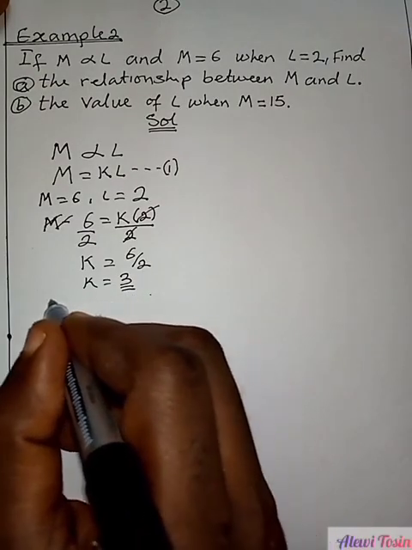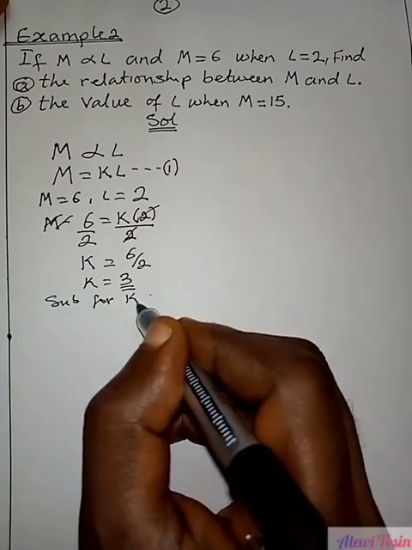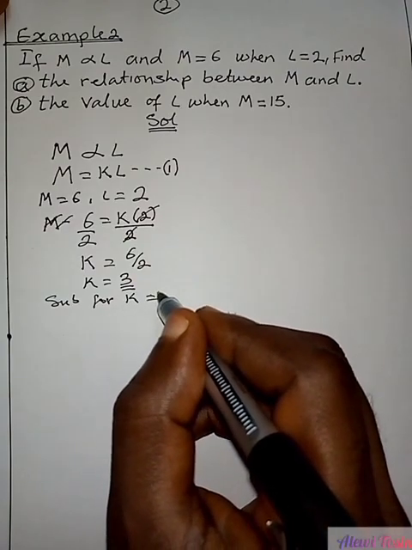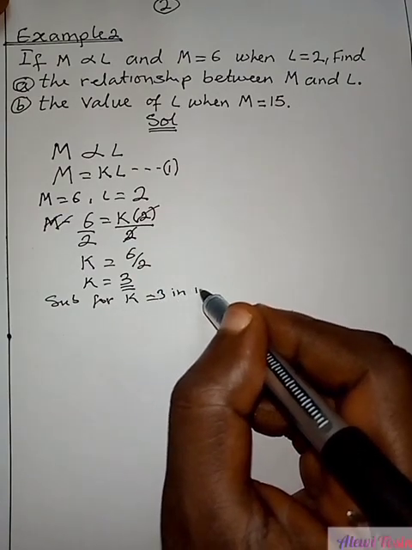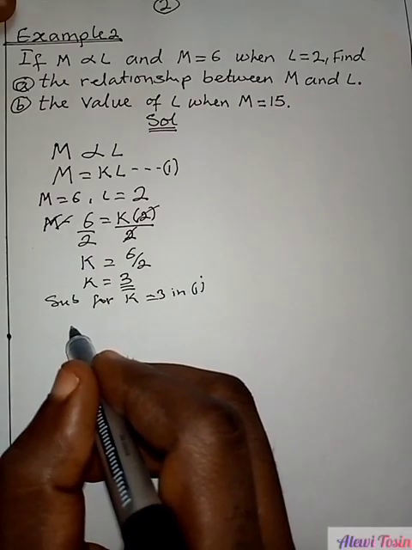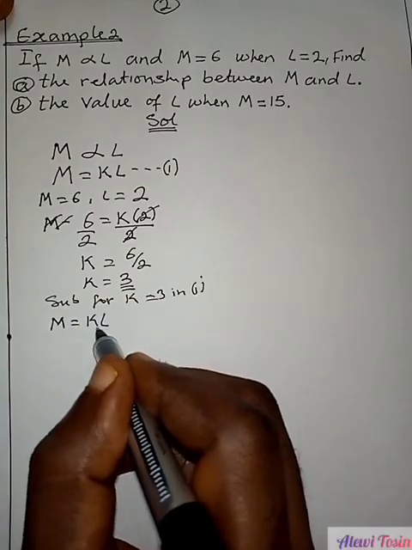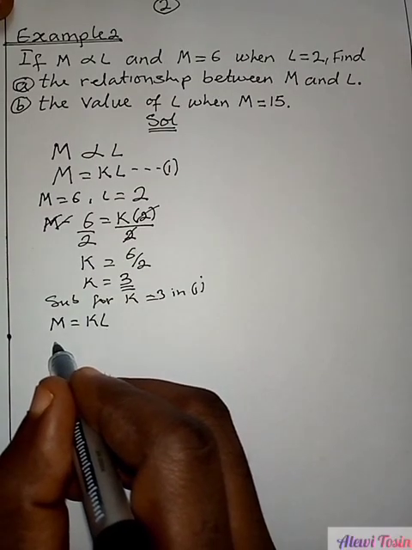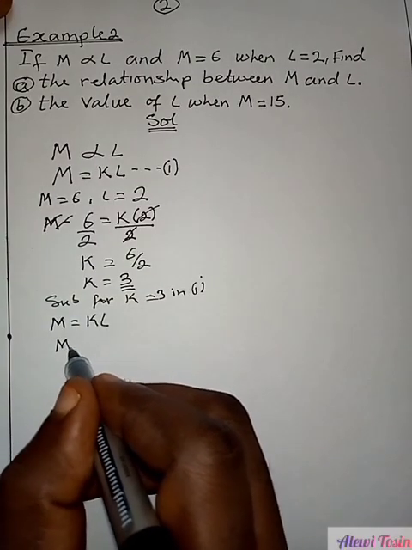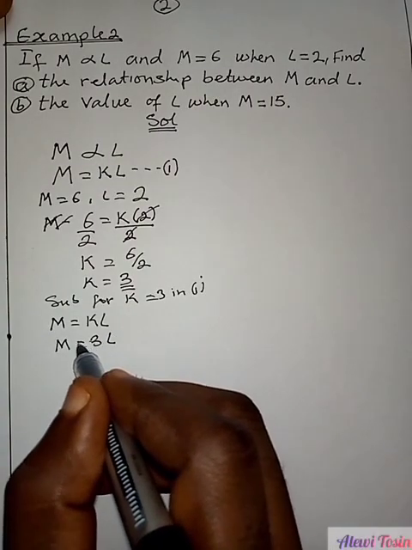So which means if you solve for K equals 3 in equation 1, equation 1 says M equal to KL. So which means we have our M equal to K is 3L. Good.